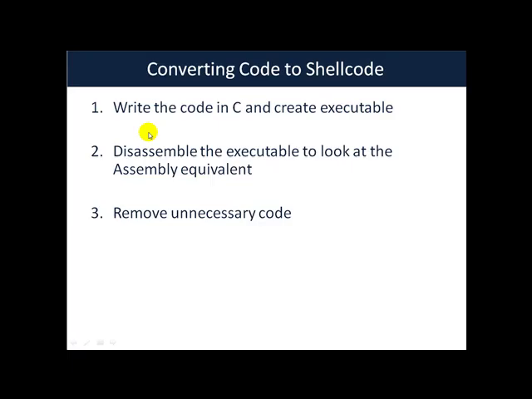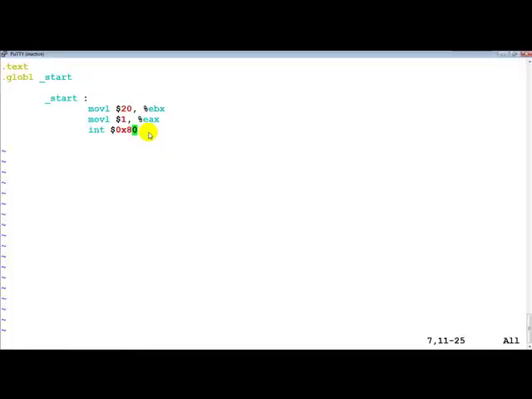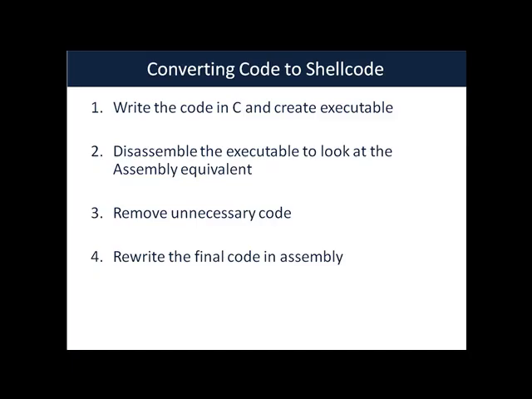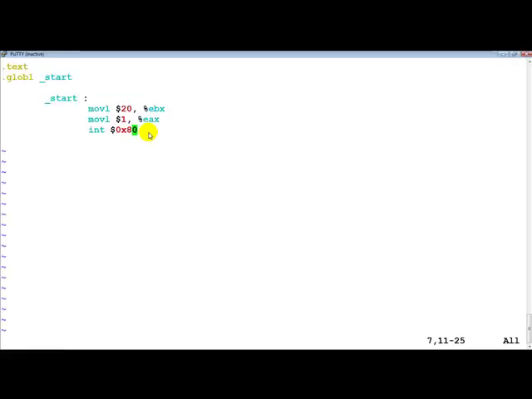Now going back to our slides, we rewrite the final code in assembly. This is the only piece of code we want for the exit system call. And then we use objdump to figure out the final shellcode. Now if you notice, right now this code is in assembler, so it is not really possible for the CPU to execute this code as is.